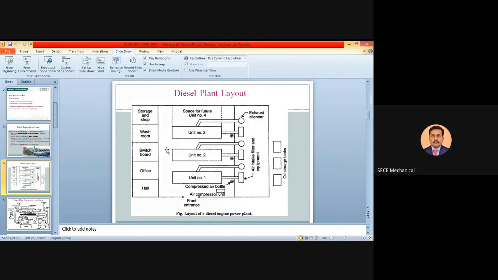For that, there is a switchboard, storage shops for maintenance and washing purposes, some work areas, and an office hall. All those areas are connected with the help of this grid system. With the help of electrical high tension lines, the switchboard is connected. For example, if you want to connect power to an office and hall, you have to provide an electrical high tension line there.